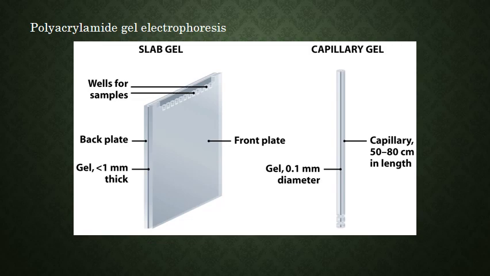Agarose gel electrophoresis cannot be used for this purpose because it does not have the resolving power needed to separate single strand DNA molecules that differ in length by just one nucleotide. The polyacrylamide gels have smaller pore size than agarose gels and allow precise separation of molecules from 10 to 1500 base pairs in length.